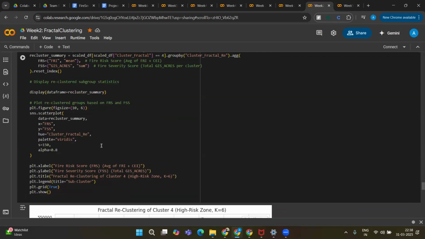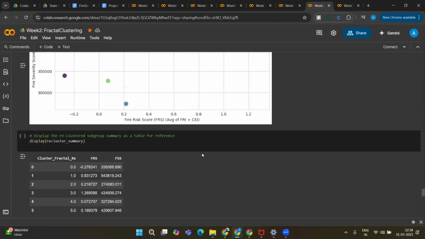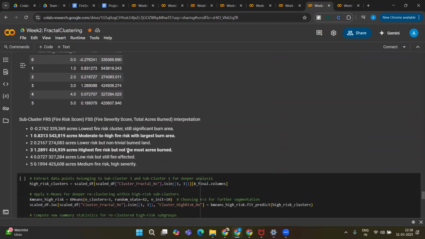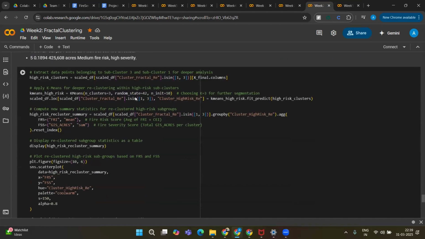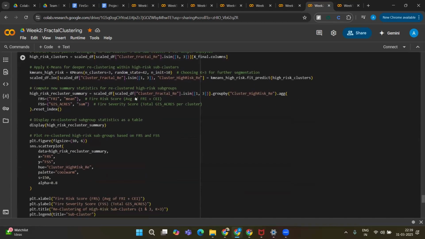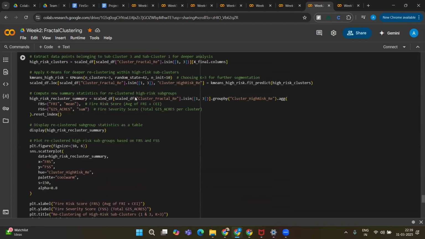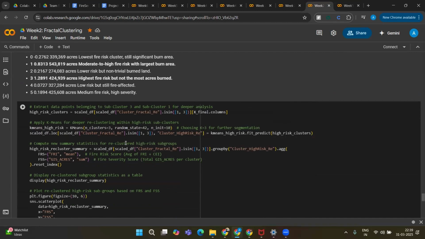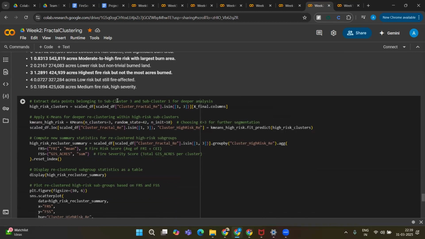Yeah, this is about that. And then we have all the 6 clusters here, and we're just displaying all of the values. And then inside this, we again wanted to divide it, so we checked which was the next cluster we should be taking. The exact data points belong to subcluster 3 and subcluster 1 for deeper analysis.